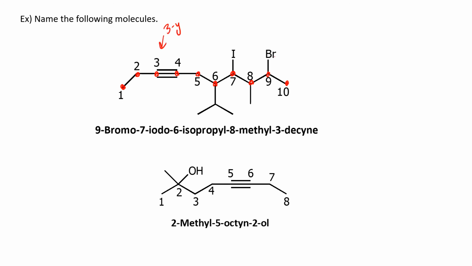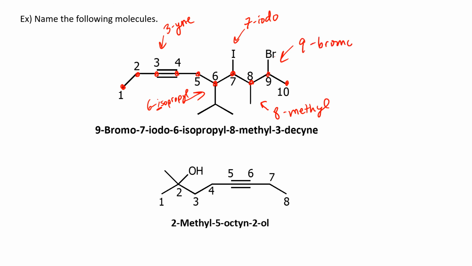That's a 3-yne. We've got a 6-isopropyl. Remember, with isopropyls, we use the I in iso alphabetically. We've got a 7-iodo, an 8-methyl, and a 9-bromo. Ooh, that's a lot of substituents.